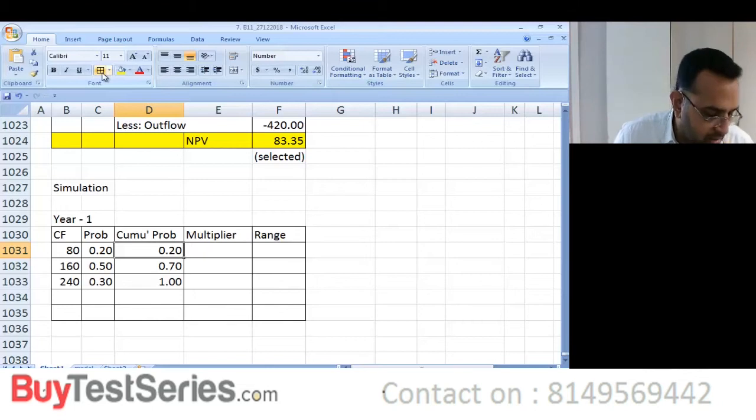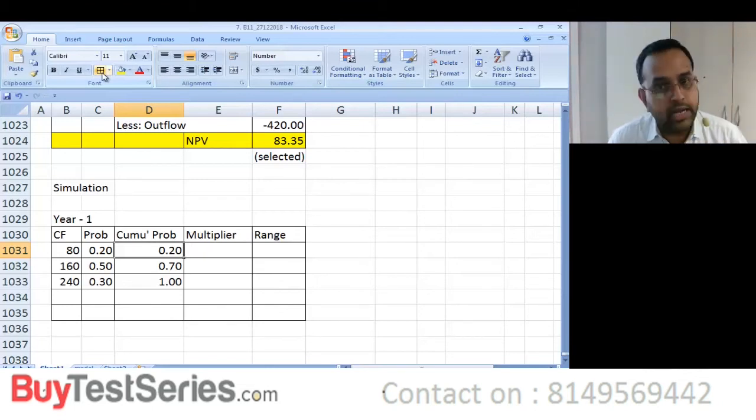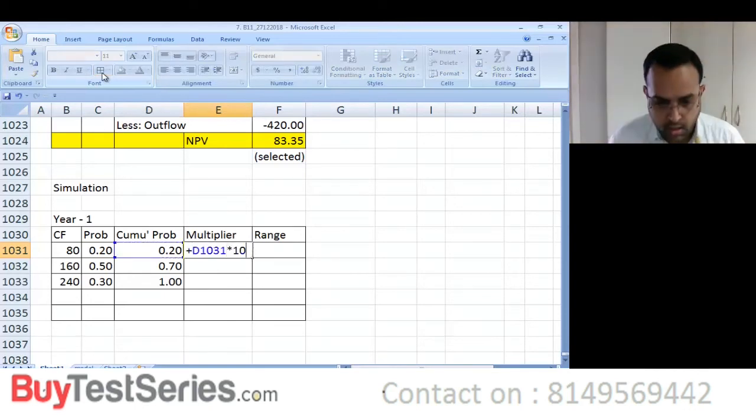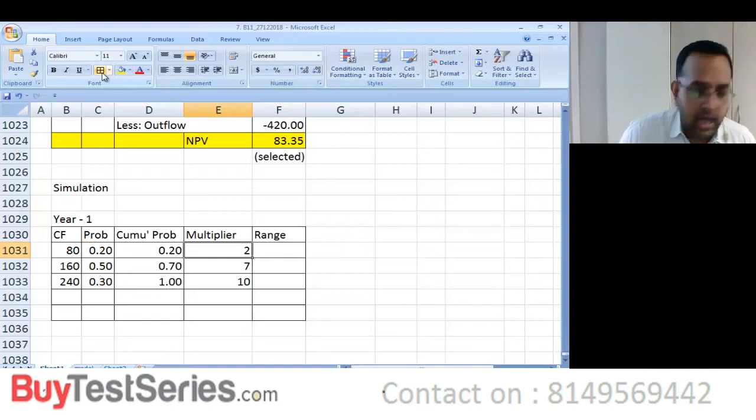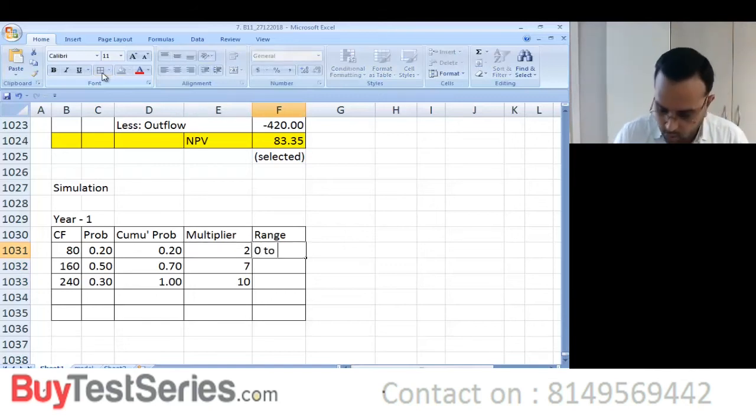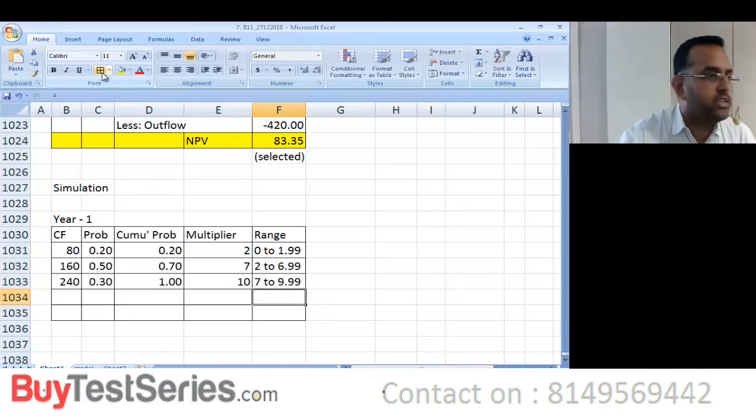They are all single digit numbers. It could be double digit or anything, but what is given in the question is single digit. Highest possible number 9 plus 1 is 10, so you multiply with 10, which gives 2, 7 and 10. The ranges are 0 to 1.99, 2 to 6.99, 7 to 9.99. This is how you fix the range.